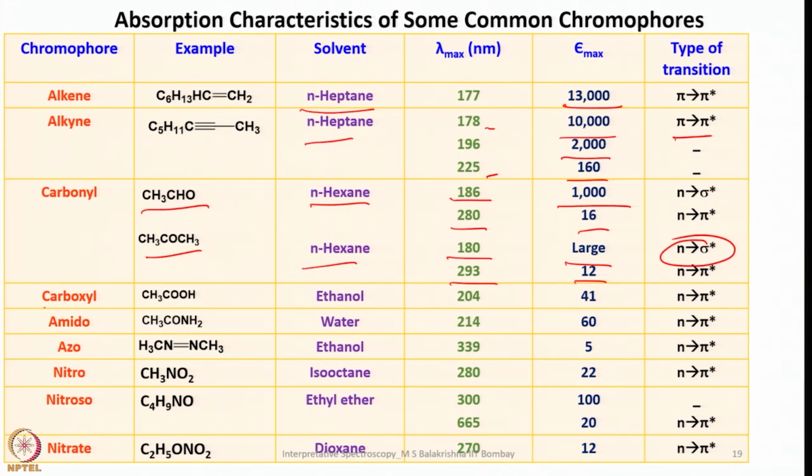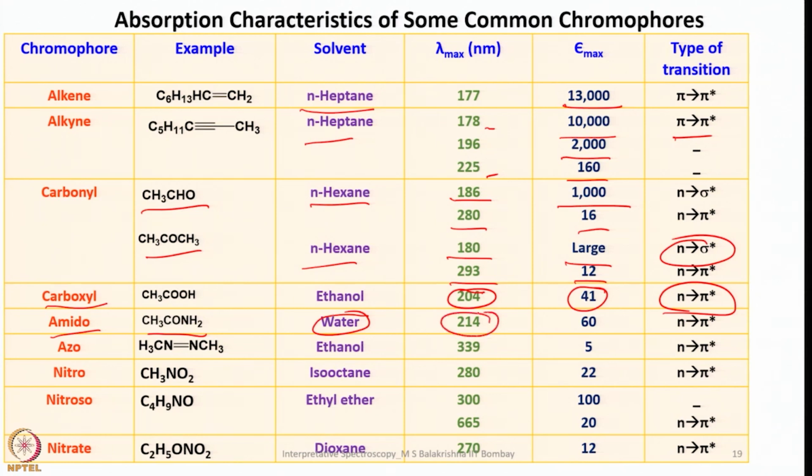And then carboxylic group, if you consider acetic acid as an example recorded in ethanol, it shows 204 and then 41. So immediately when you look into the epsilon value, one can conclude that certainly it is due to n to pi star transition. And in case of amido group, for example, if you take acetamide, water is taken as a solvent because it's soluble in water.